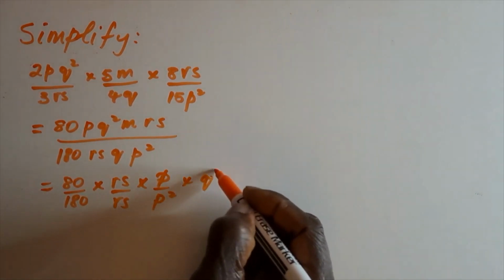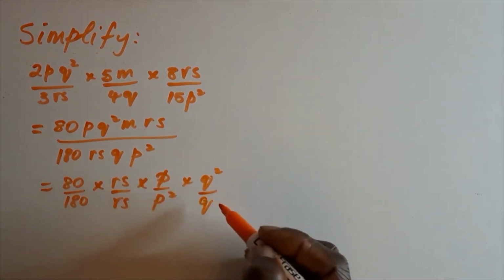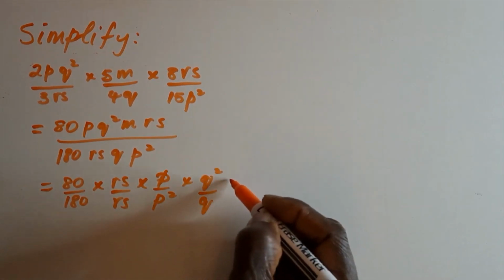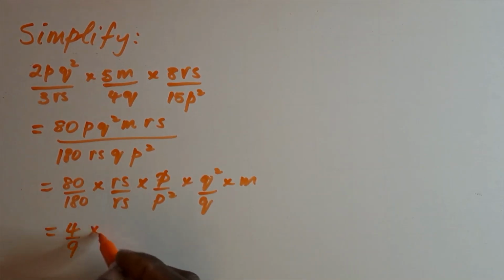We have q squared over q. And we have m on its own. When we simplify this, we divide by 10 first, so we have 8 over 18, and then finally we divide by 2. And we have 4 over 9. So that's our integers then. This cancels to give us 1.